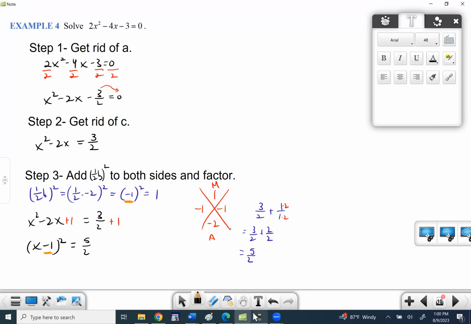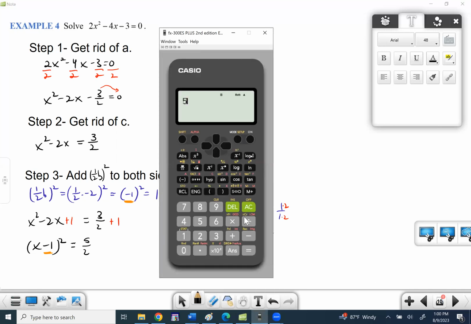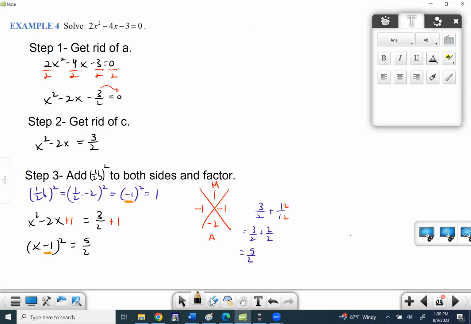You just use the calculator in my class, right? So you'd say 3 divided by 2 plus 1. Or if you like to use this button, 3 down arrow, 2 right arrow plus 1. There's your 5/2. Okay. All right.